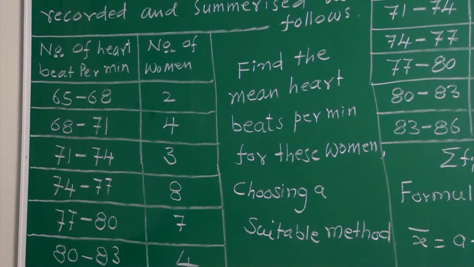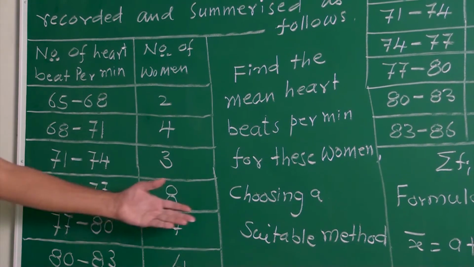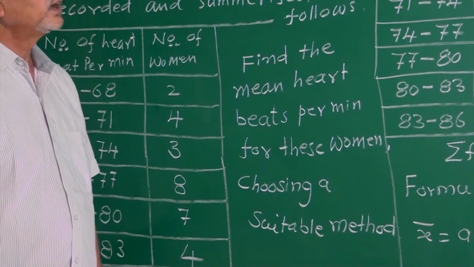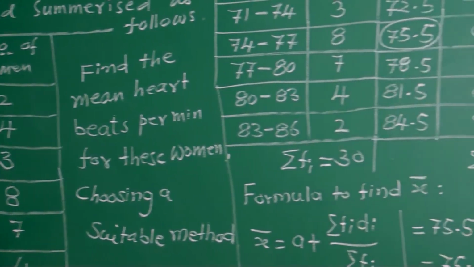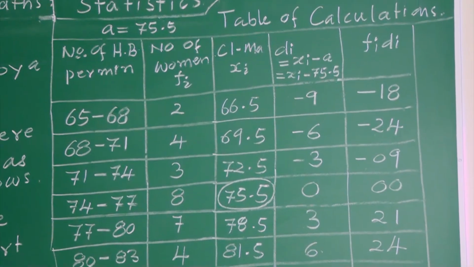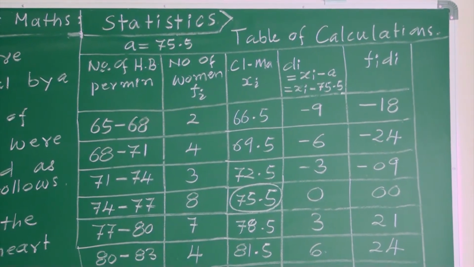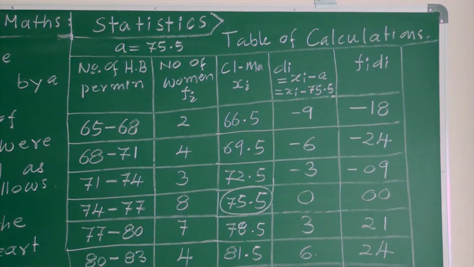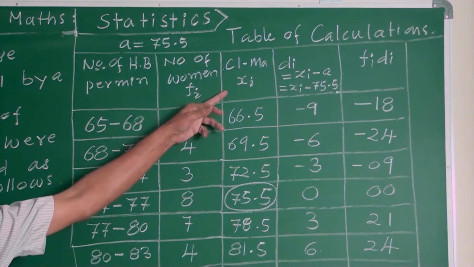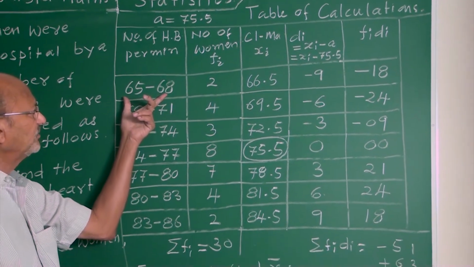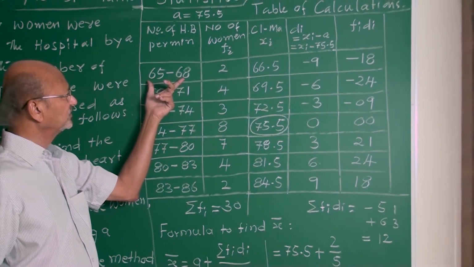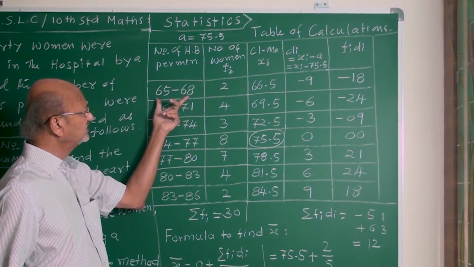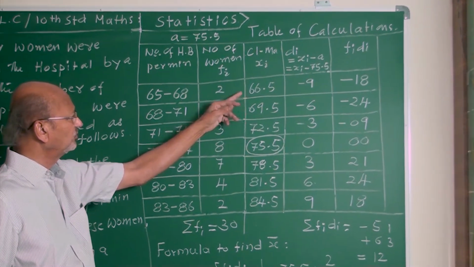Now, my friends, in this case you are given a choice of any method among the 3. I have selected the assumed mean method. For this table of calculations, you have to write the given 2 columns as it is. Then you have to go for Xi, the sum divided by 2. 65 plus 68 upon 2, 133 upon 2, it is 66.5.